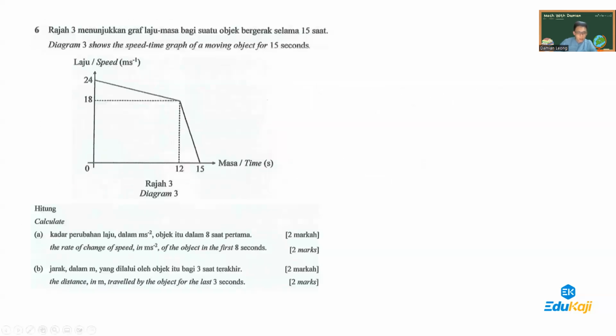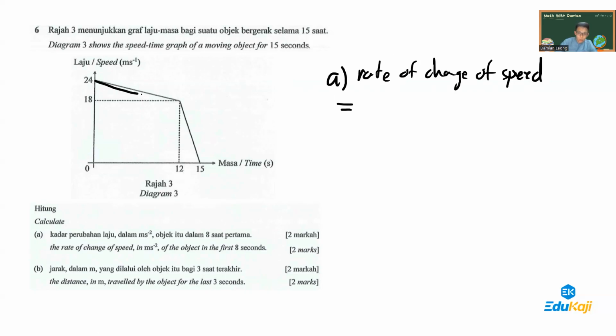Question 6. I want the rate of change of speed of the object in the first 8 seconds. Rate of change of speed is just change in speed over change in time. Change in speed from 24 to 18. We can look at this whole part because it has the same gradient.